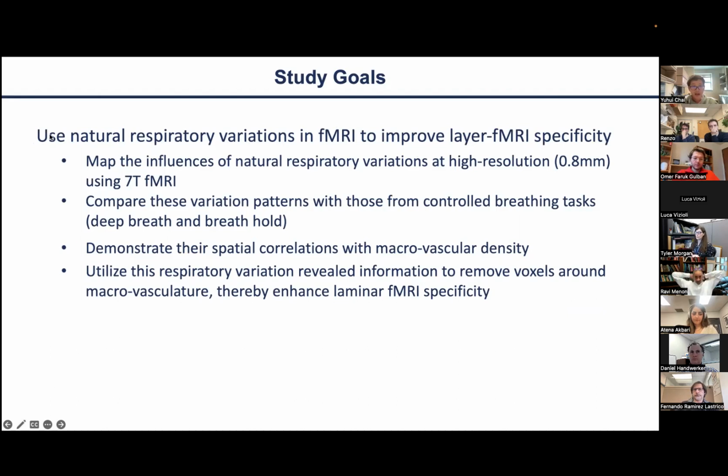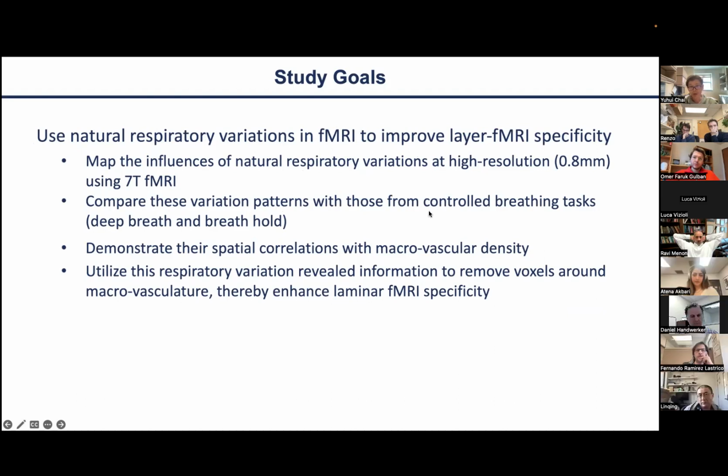I will present each subtopic: for example, how to map the influence of natural respiration variations at high resolution using 7T MRI, and then compare those respiration effects from natural respiration with those from controlled breathing tasks like deep breath and breath hold, and then demonstrate their spatial correlation with macrovascular density. And then use this respiration variation information to remove voxels that are mostly affected by macrovascular contributions, enhancing laminar fMRI specificity.